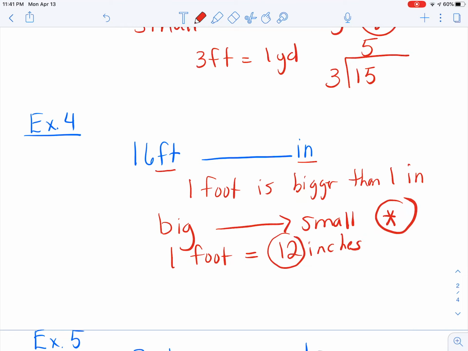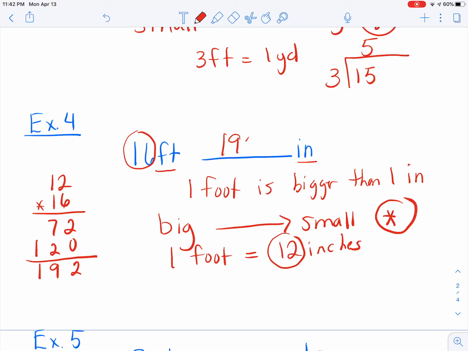So I'm going to multiply the 12 times the 16. I'll come off to the side. That's 12 and 7, 2 and 1. So it would be 192 inches.